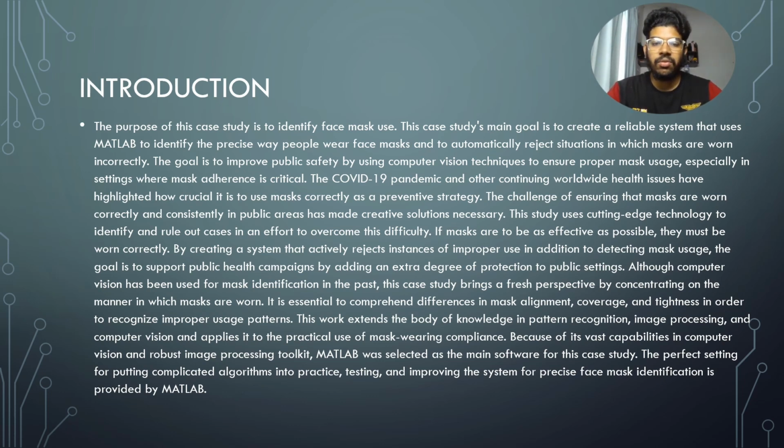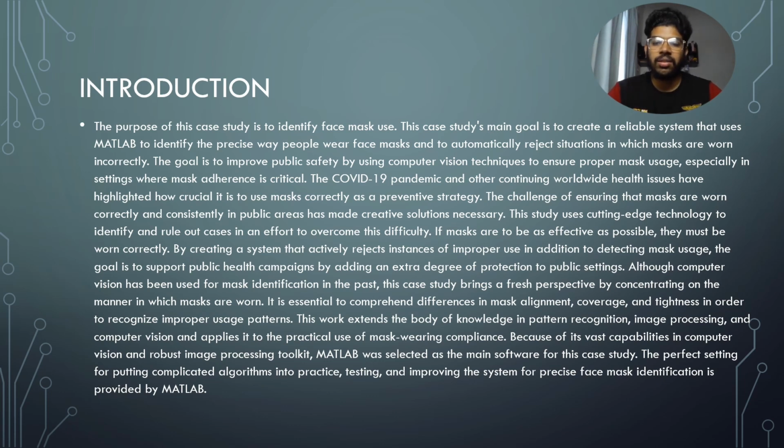Although computer vision has been used for mask identification in the past, this case study brings a fresh perspective by concentrating on the manner in which masks are worn. It is essential to comprehend differences in mask alignment, coverage, and tightness in order to recognize improper usage patterns. This work extends the body of knowledge in pattern recognition, image processing, and computer vision and applies it to the practical use of mask wearing compliance.